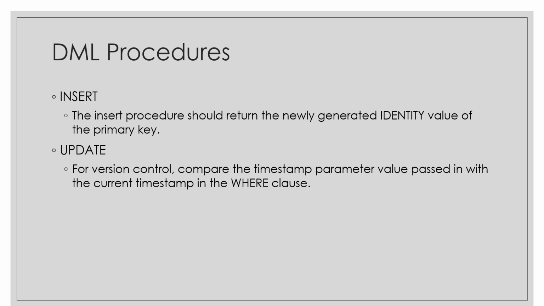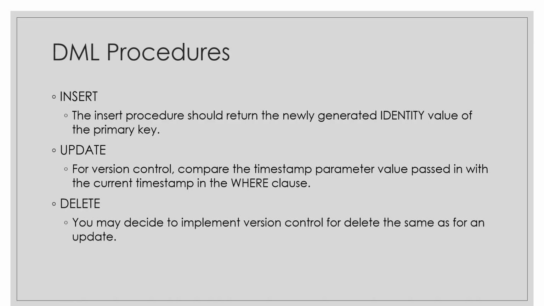So you can easily manage that concurrency issue by having a timestamp parameter. When we write our update stored procedure, assuming there will be a timestamp or a row version, we'll use that in the where clause to make sure that it hasn't changed since the user got their copy of the record that they think they're updating. So that's something we'll include in the code for our update stored procedures.